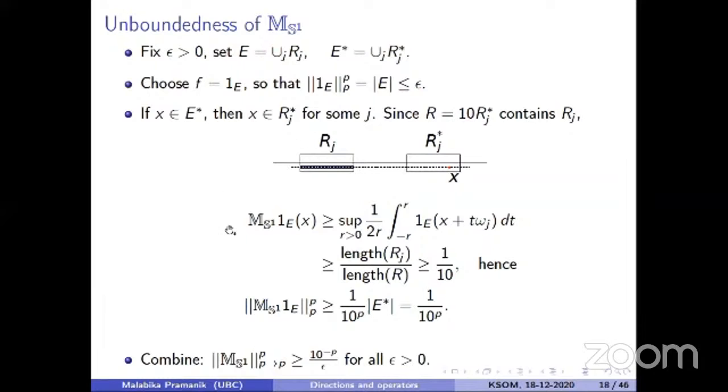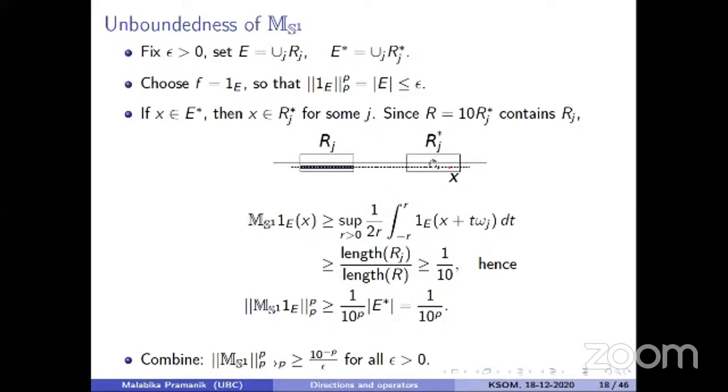So the only part of this argument that requires justification is the pointwise lower bound of the maximal function on E star. Where does this come from? To see this, pick a point x in E star, which must therefore lie in Rj star for some j. Let capital R denote the tenfold dilate of Rj star, which means that capital R has the same center as Rj star, but 10 times its length.